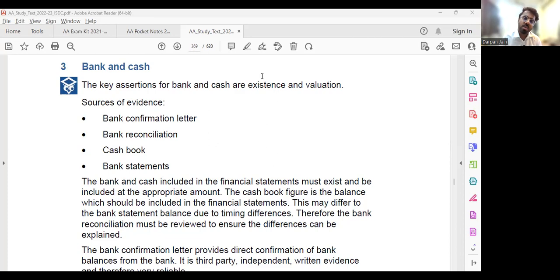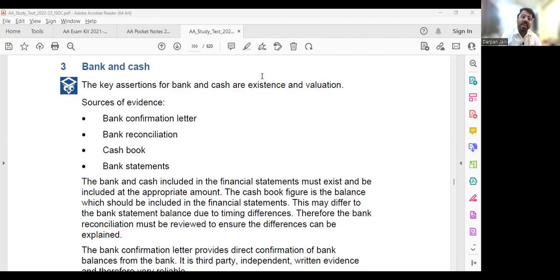What is the reason behind reconciling your bank balance as per your books of accounts to the bank statement? The reason for the difference is that there can be checks in transit.